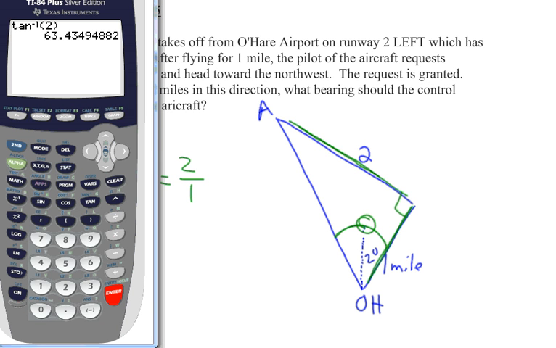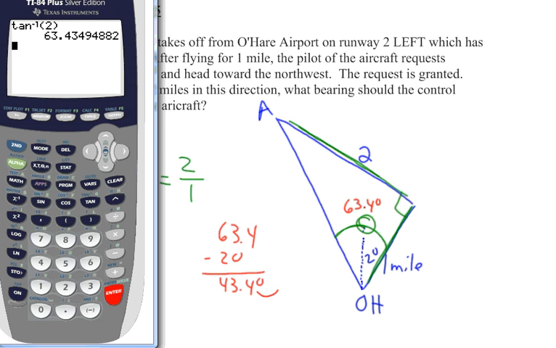So that means this angle right here is 63.4 degrees. It's the whole angle. Now, if we want the actual bearing measurement, what direction? They're not going straight north, they're going how many degrees off towards the west? We'll take the 63.4, subtract off the 20 degrees, and we'll be left with 43.4 degrees.